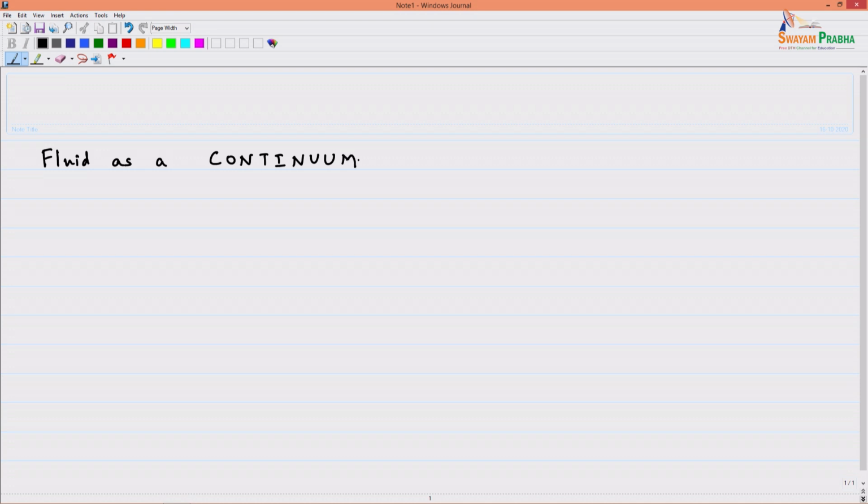That's how you spell it, right? I think you are probably aware of this word. So essentially, let us discuss this for a little while, as an introduction. I'm talking about fluid as a continuum, so I'm going to just jot down a few things right in the beginning.